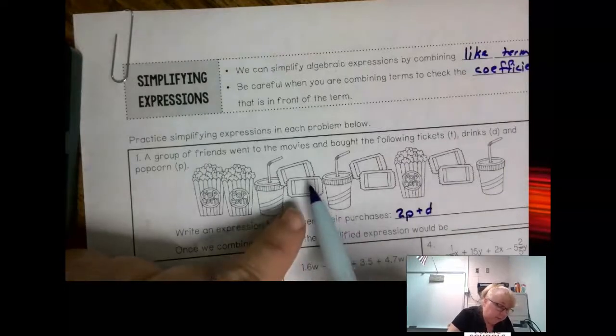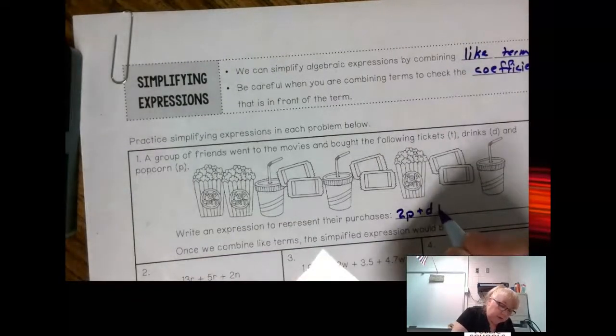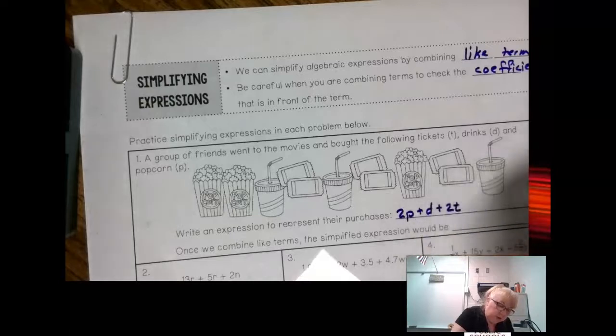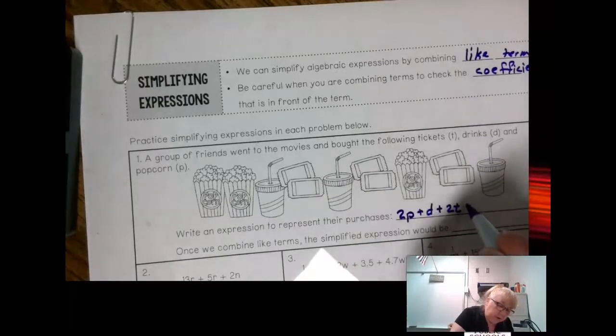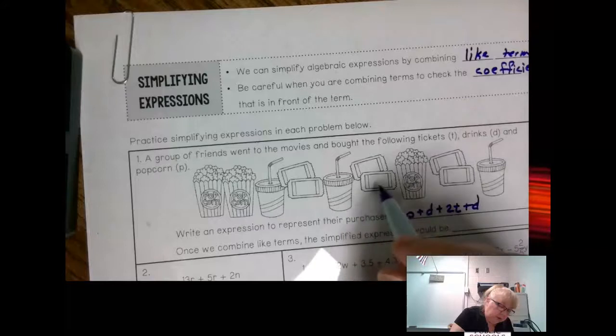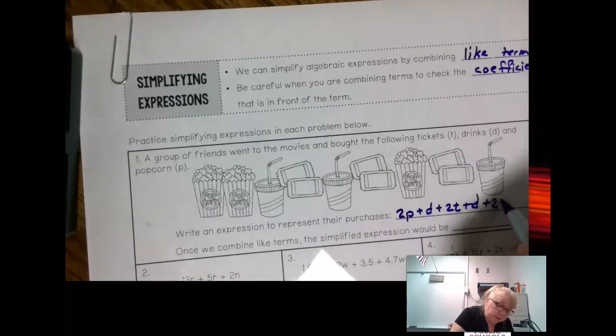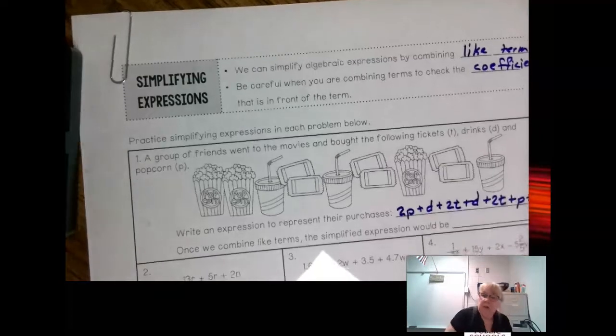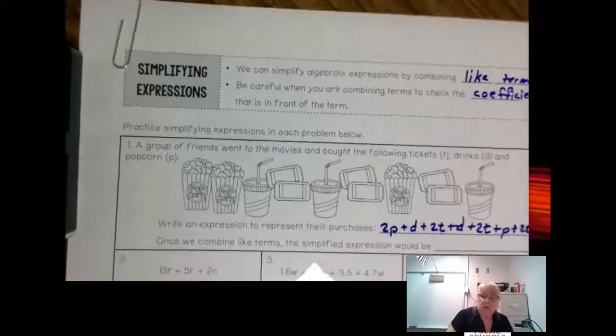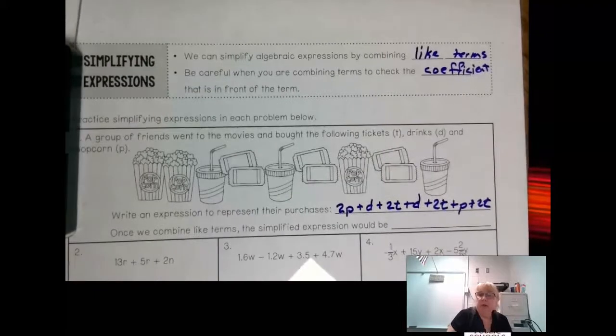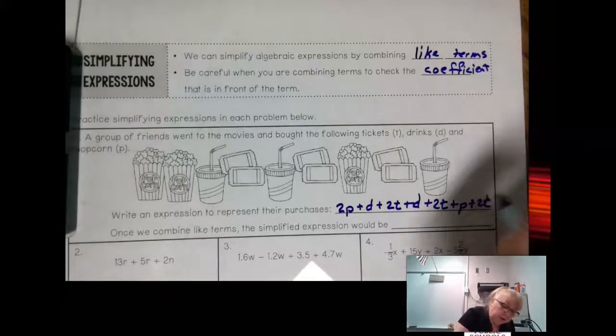Here we have 2 tickets, so plus 2t, and then we have another drink, plus d, and then we have 2 more tickets, plus 2t, and then we have another popcorn, plus p, 2 more tickets, plus 2t, and then last we have another drink, so plus d.